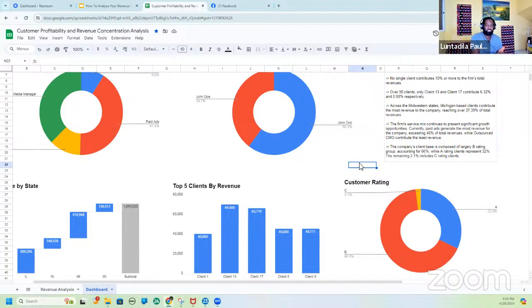And the demand for these services will drop. And if they drop, so does the revenue of the company.